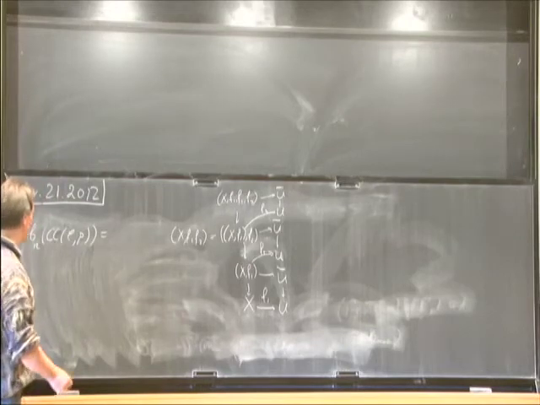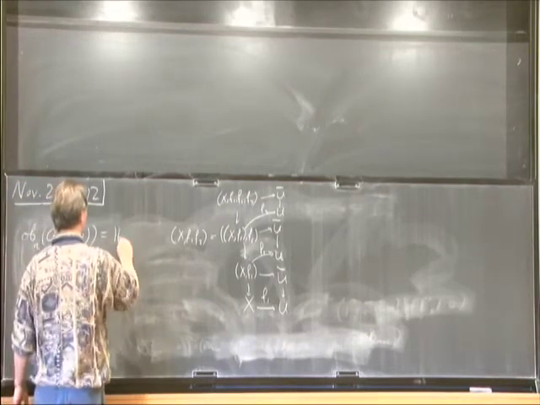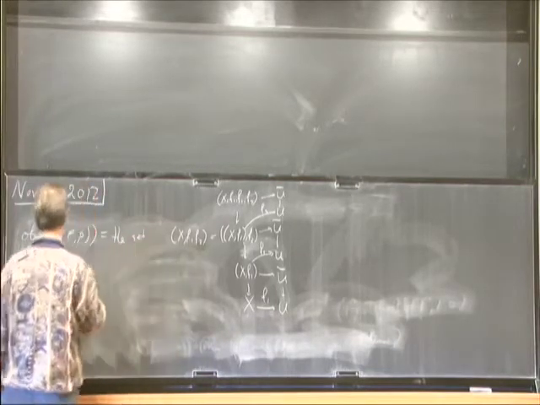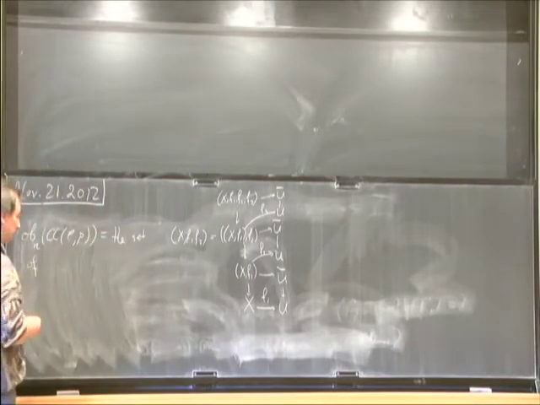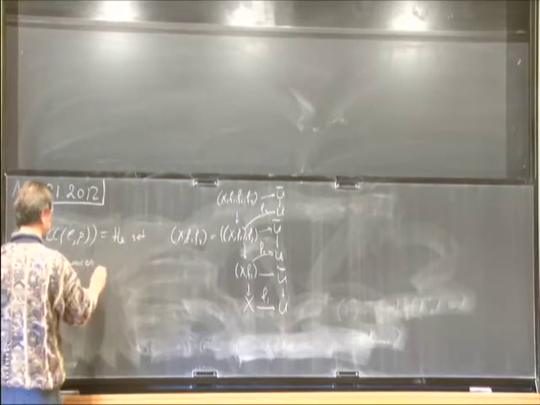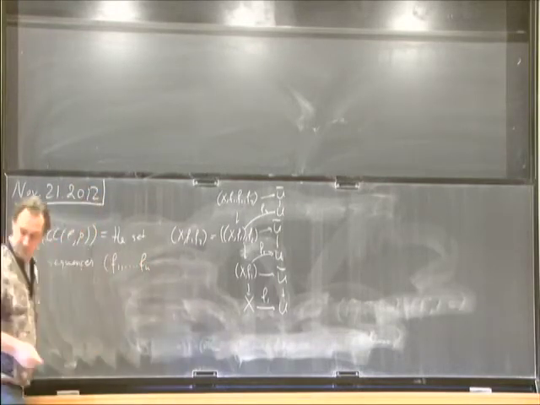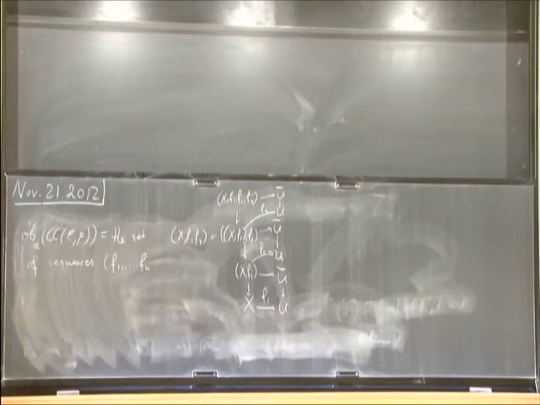So the object n will be the set of sequences F1, ..., Fn. Is that how I denoted it? Capital F, okay.